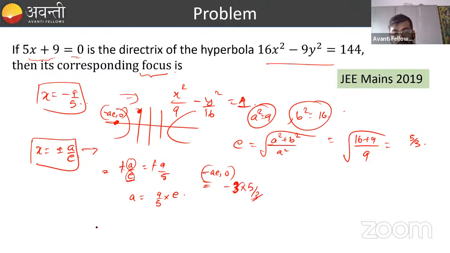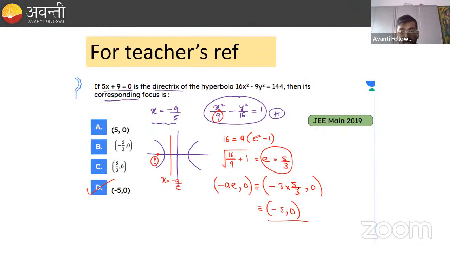So the focus is minus 5 comma 0, right? So here minus 5 comma 0, correct? This was asked in JEE 2019.